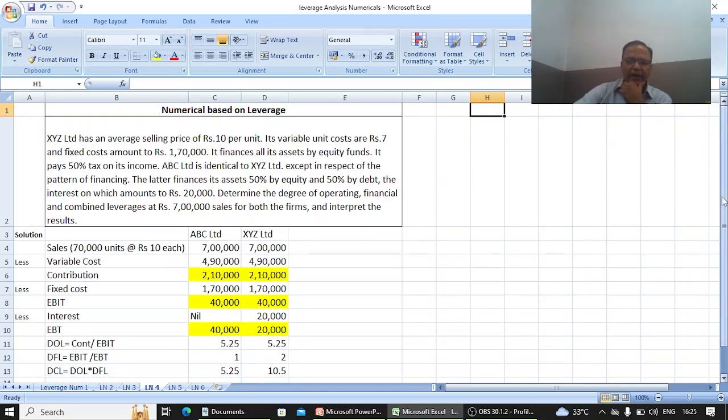So this is the solution of the problem, and lastly it was given that you have to find out degree of operating leverage, financial leverage and combined leverage and interpret the result.